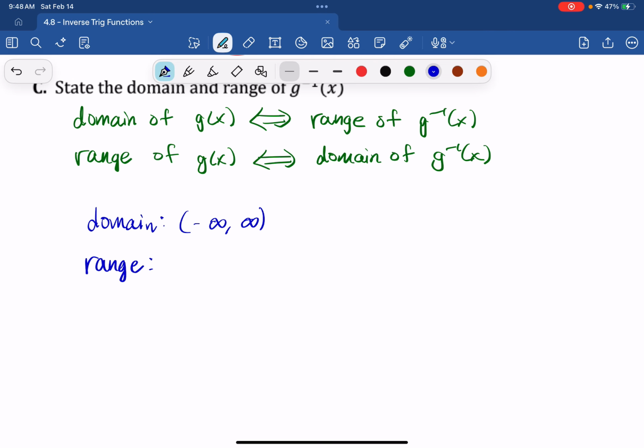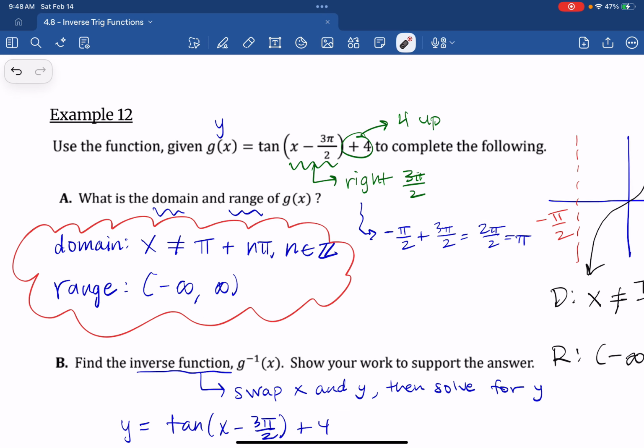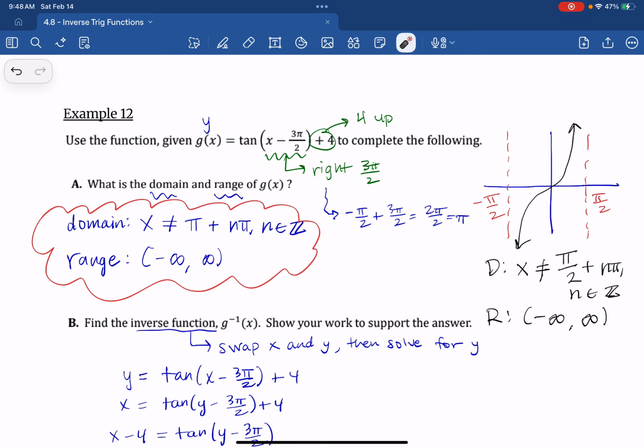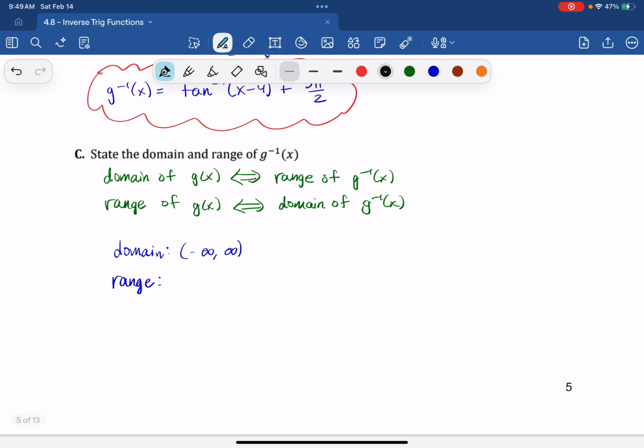The range of g inverse is going to be the domain of g. But remember, we have to restrict the domain for inverse trig functions. So for tangent, we had to restrict the domain to negative pi over 2 to pi over 2 so that we could define the inverse. So we need to restrict this domain for g in order for us to define the inverse. So we need to think about what is the restricted domain of g.